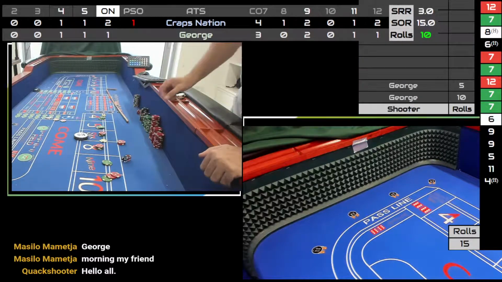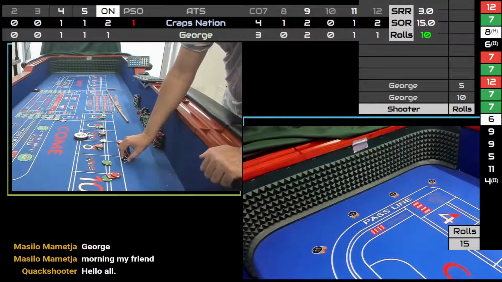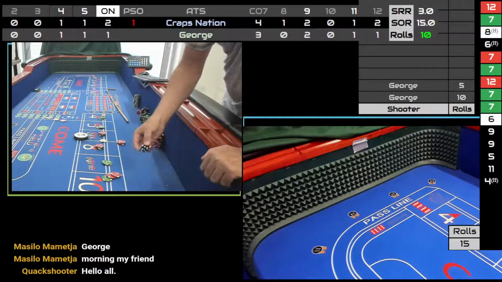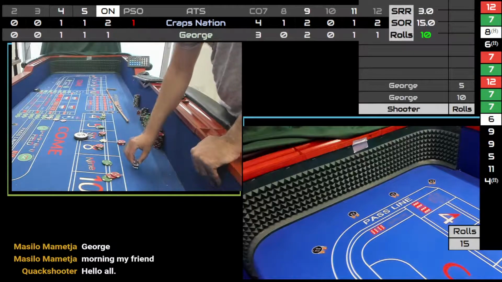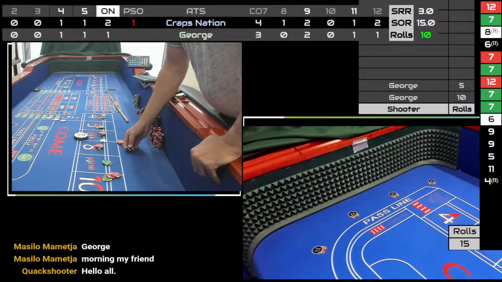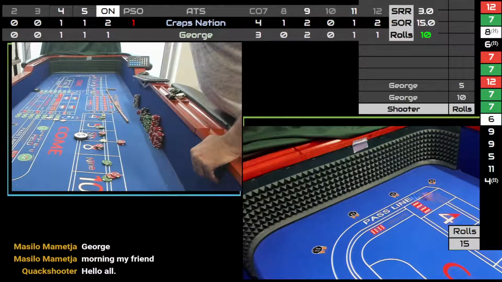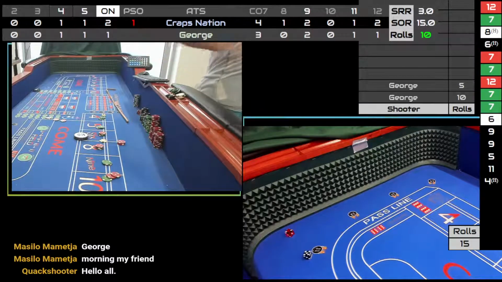Here we go. So I'll go to 2, 3, 2, 1. V-set. Nice. 5-2 double pitched.